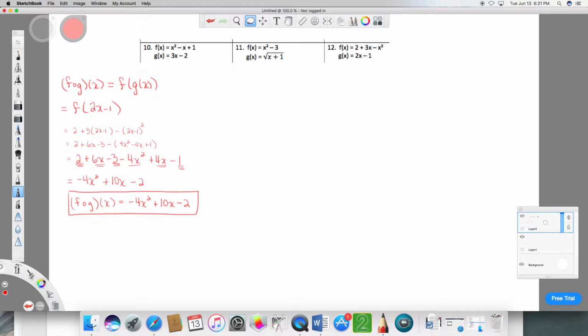All right, so let's do g composed with f, where this time f is the input for g.